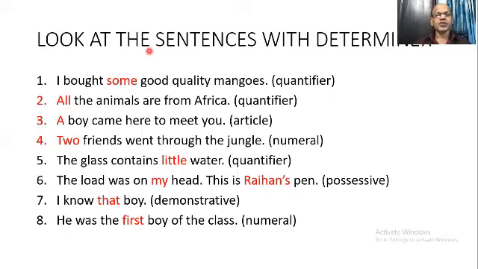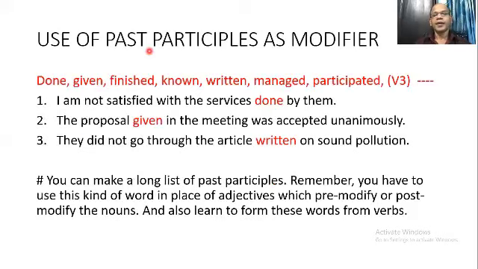Now let us proceed. Use of past participles as modifiers. We can use past participles, I mean V3, as modifiers. Look at the words in red ink: done, given, finished, known, written, managed, participated.